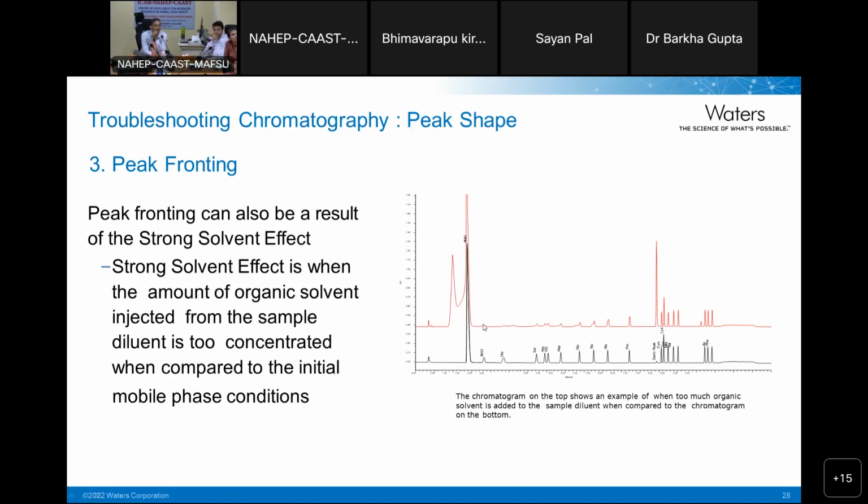It shows some peak fronting. This could be a reason when your diluent is not matching your initial mobile phase conditions.